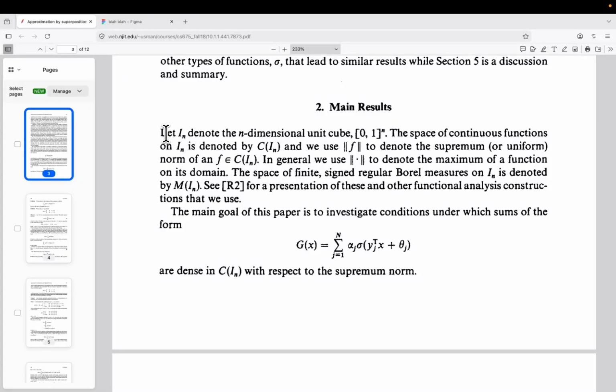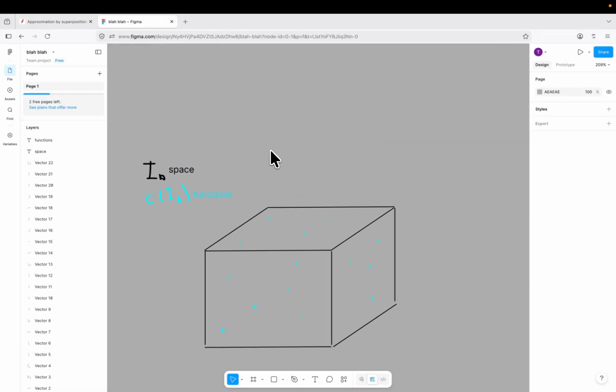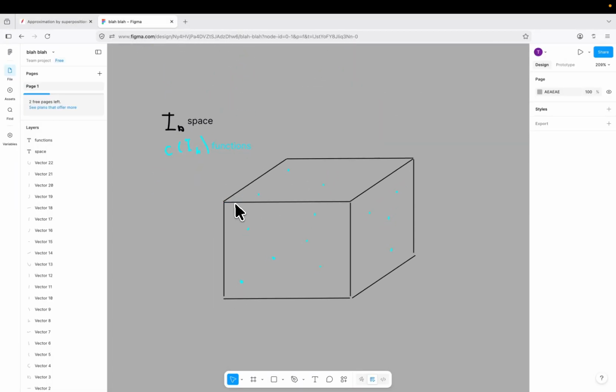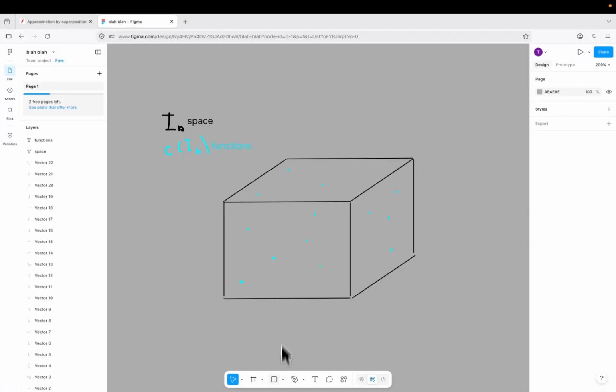Let's begin. Let Yn denote the n-dimensional unit cube, from 0 to 1 in n dimensions. What I have already written is that this is our cube. I've written it in 3D, but it can be n-dimensional. As you may understand, we can only draw up to 3 dimensions.